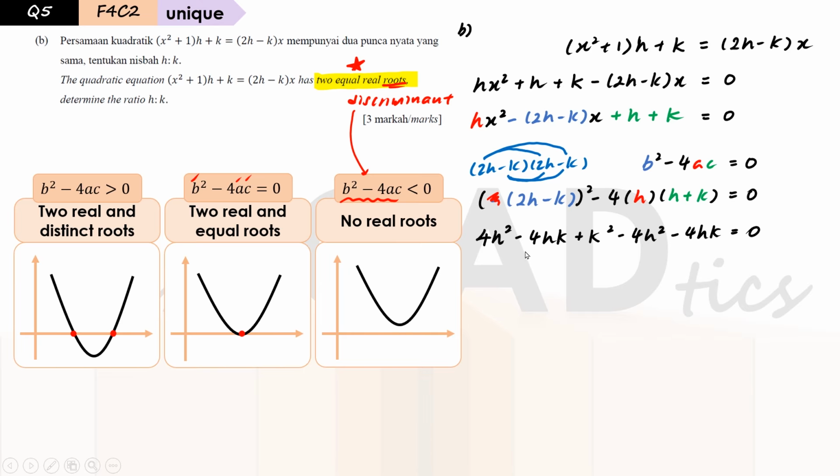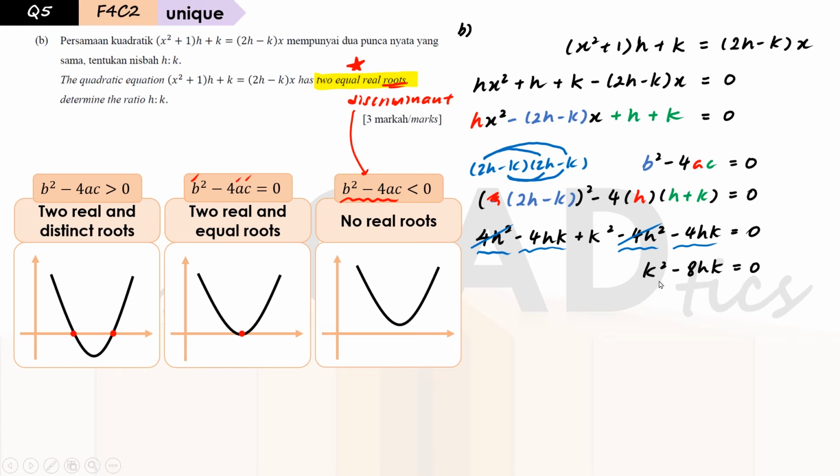Then let us simplify even further. This 4h squared and negative 4h squared, we can cancel off each other, because if you minus them, it will be 0. And these two values are actually the same, so we can add them up together. So here will be negative 8hk, and the k squared here, we can just remain it.